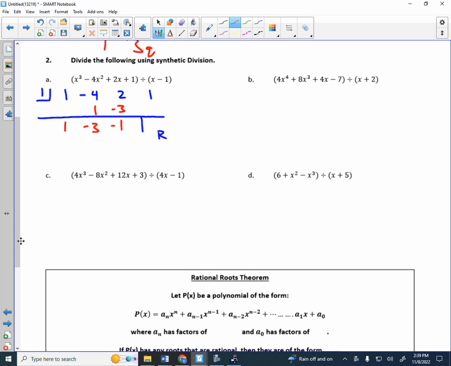I multiply, and I add 0. Remainder is 0. Now, here's what these mean. This is my constant. This is my coefficient for x. This is my coefficient for x squared. So the result is positive x squared minus 3x minus 1. That is dividing those two. And I would suggest that that's faster than the other option.